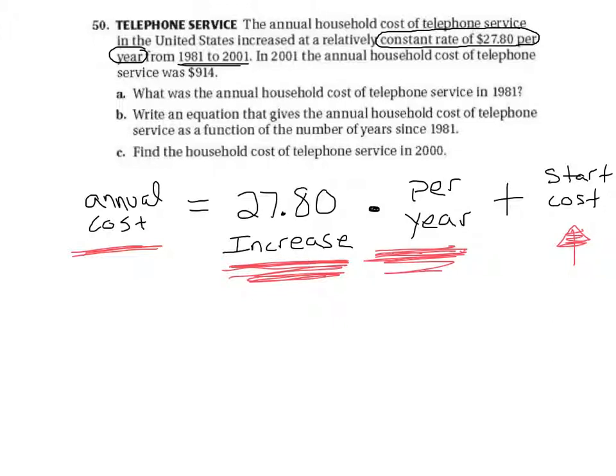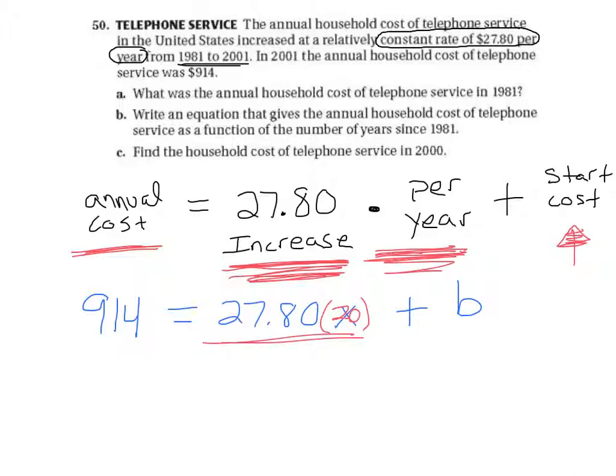So if, like it says in the last sentence of this problem, in 2001 the cost was $914, knowing that it increased $27.80 every year, and it would have some startup cost. Well, there have been 20 years from 1981 until 2001, so maybe we can put in a 20 here for the number of years that it had to increase this $27.80.